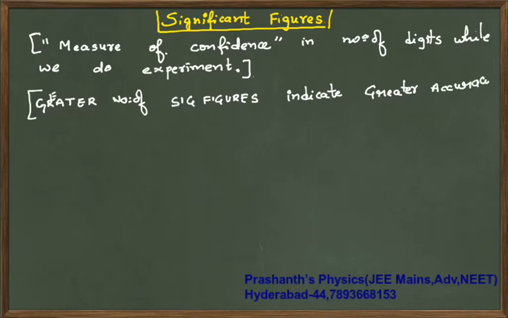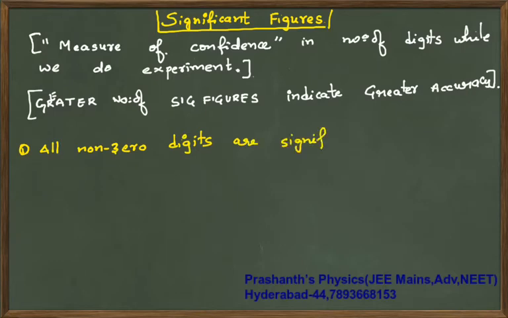So what is the meaning of this? I will tell you next. But there are rules. The first rule is: all non-zero digits are significant. As an example, let us say 42.3. How many significant figures? Here 3 significant figures are there. All non-zero digits are significant.